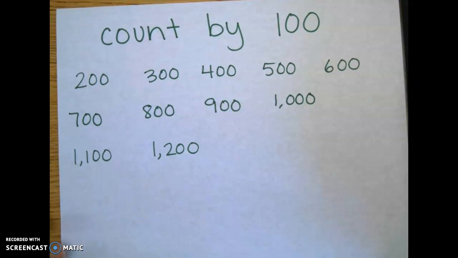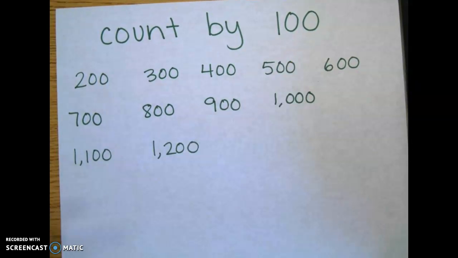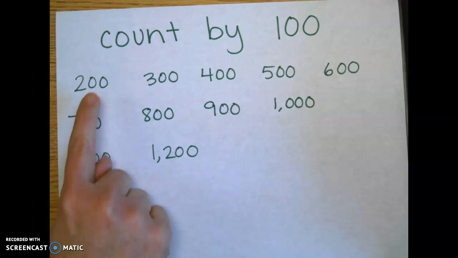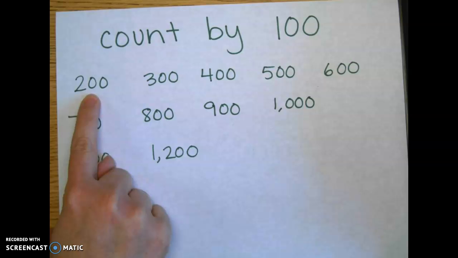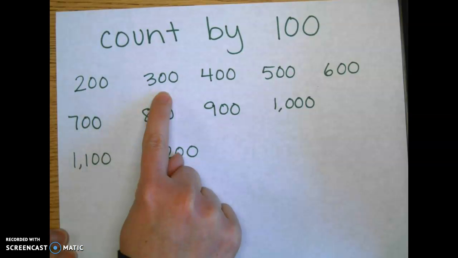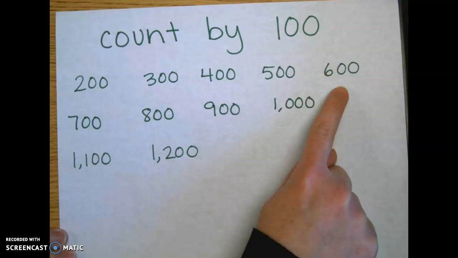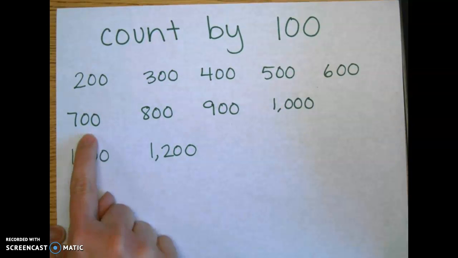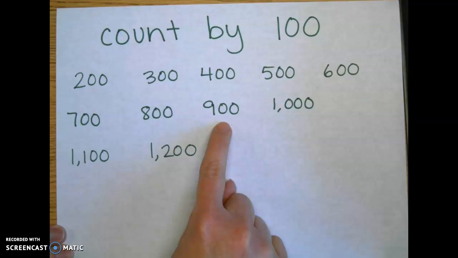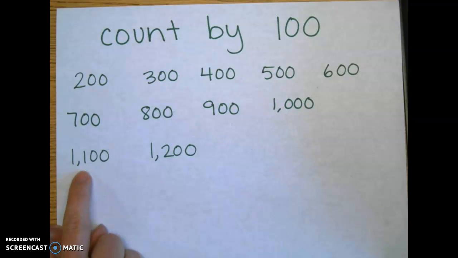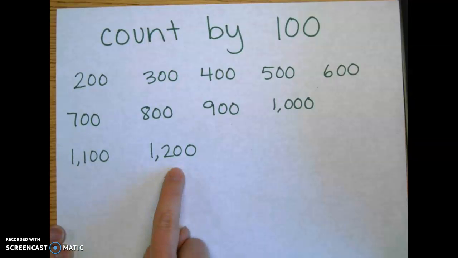100s. Again, if we're counting by 100s, that means our hundreds place is what's going to be changing. Count with me. 200, 300, 400, 500, 600, 700, 800, 900, 1,000, 1,100, 1,200.